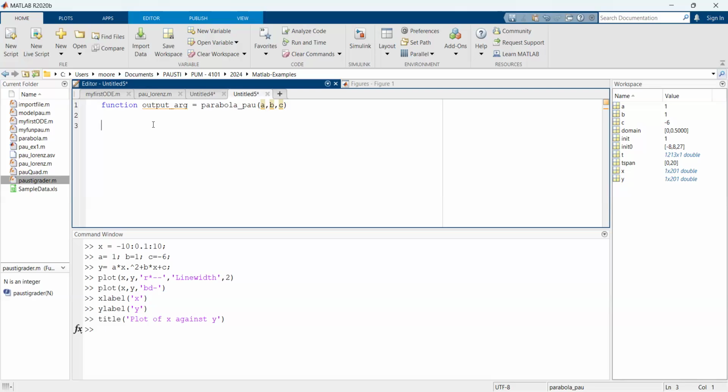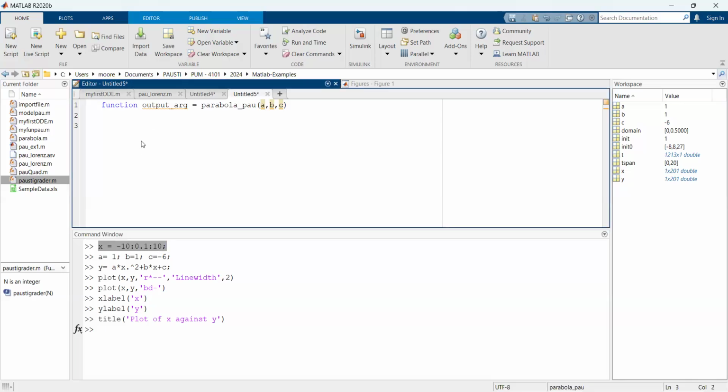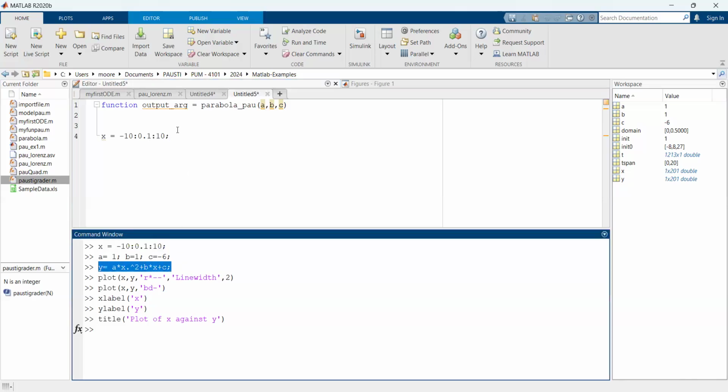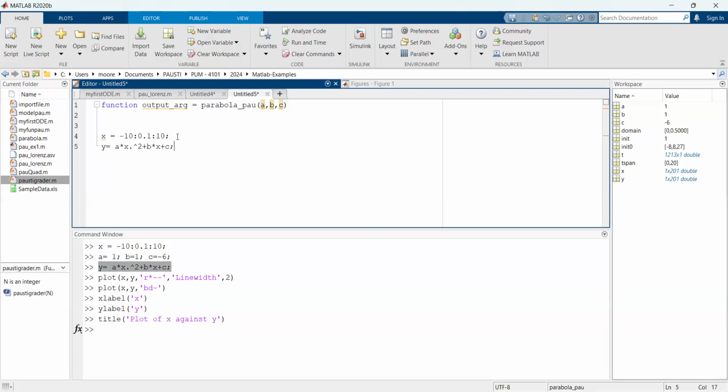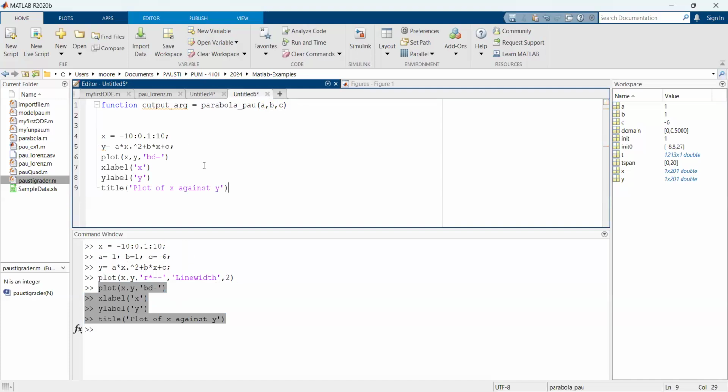So here already what we can do is start with our X exactly as we have here. Let me just copy and paste. So we can have our X, right? And then we can have our Y equation as well. And then we can have a plot, or a plot, a label, and so on, okay?